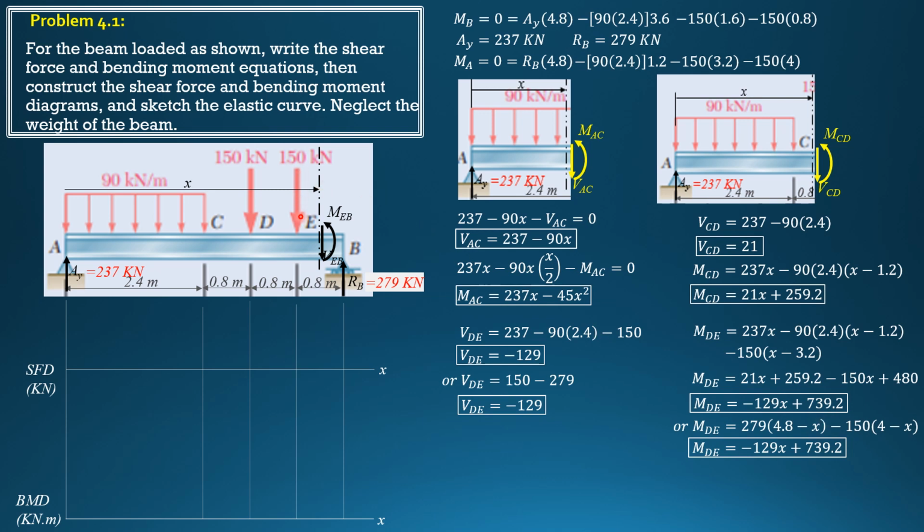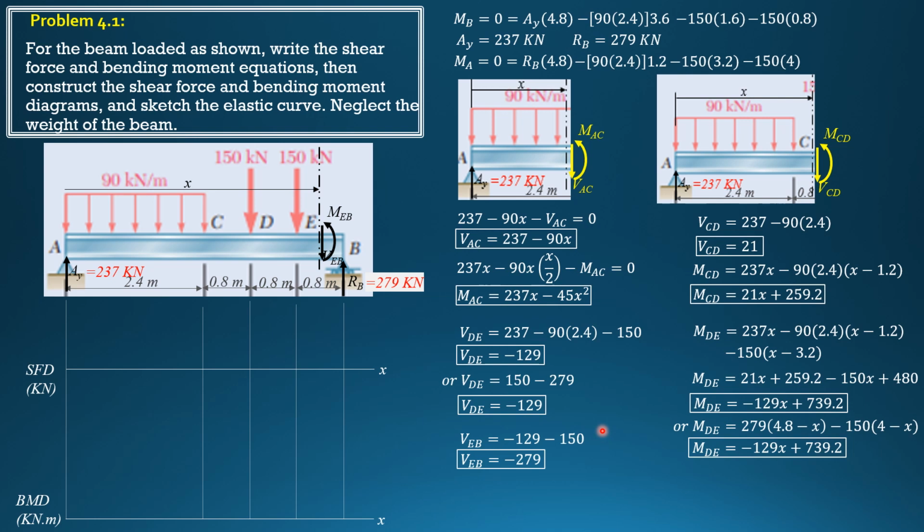Then we have minus 150 times this distance, which is x minus 4, because that's 4 meters. So the additional moment is minus 150 times quantity x minus 4. Simplifying, MEB is equal to negative 279x plus 1339.2. You just combine like terms, and that's the result.